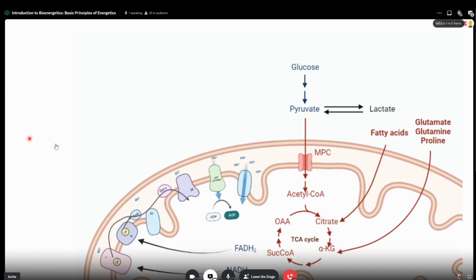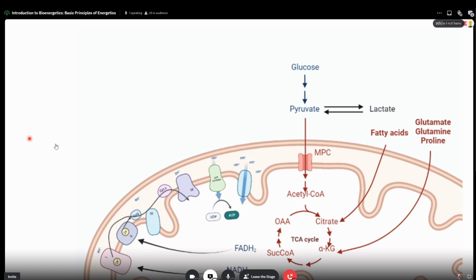It's literally a motor that is rotating because of the proton flowing through it. And this rotation is causing ADP and an inorganic phosphate to combine and give you adenosine triphosphate, or ATP, which we colloquially refer to as the energy currency of the cell.